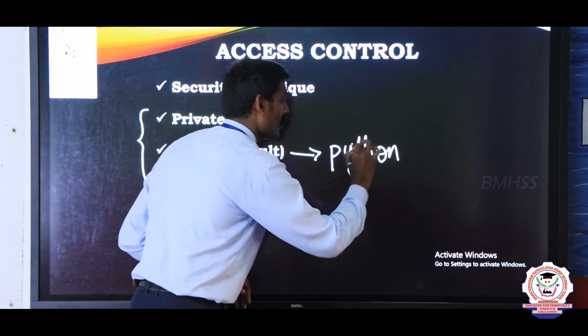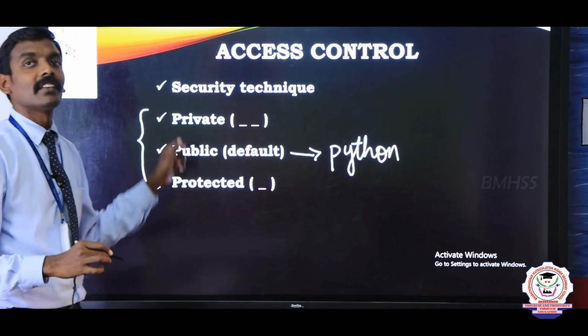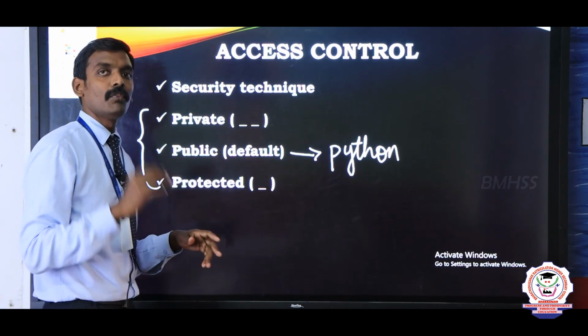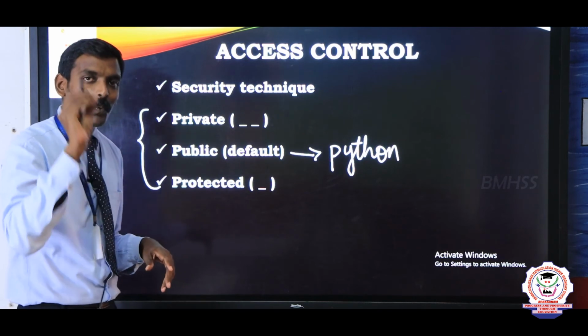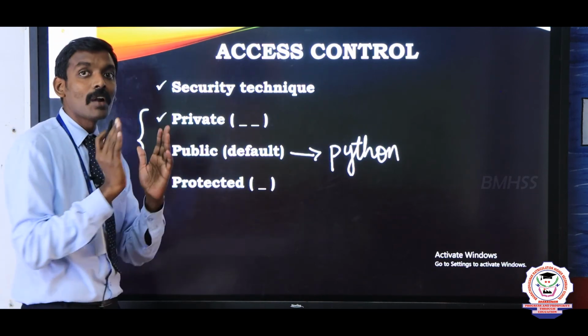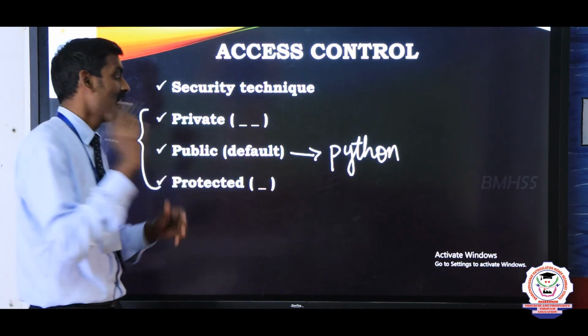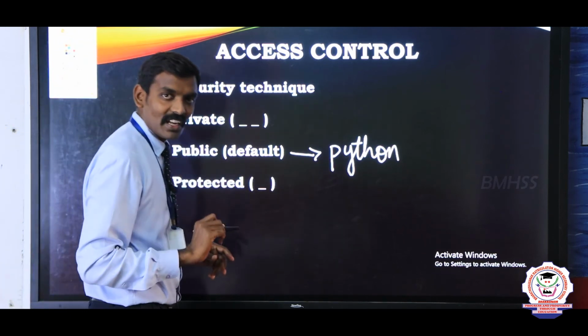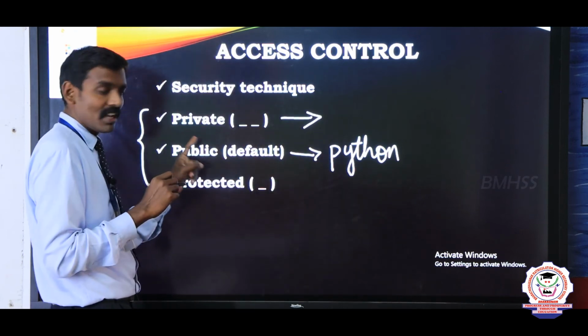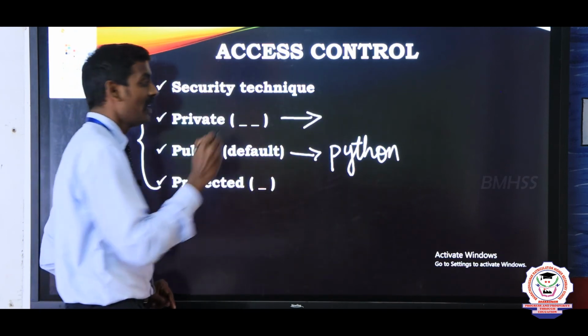In the Python programming language, public is the default access specifier, and private means you want to access it only within a function. It cannot be accessed outside the function. How can we declare such a variable? It is very simple. You can declare a private variable using a double underscore.